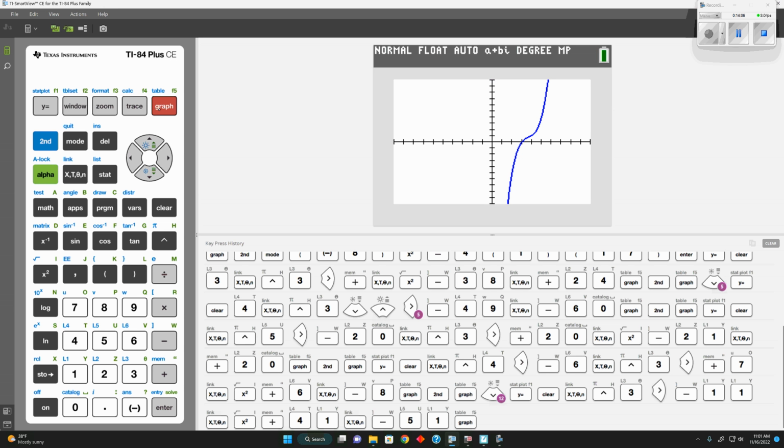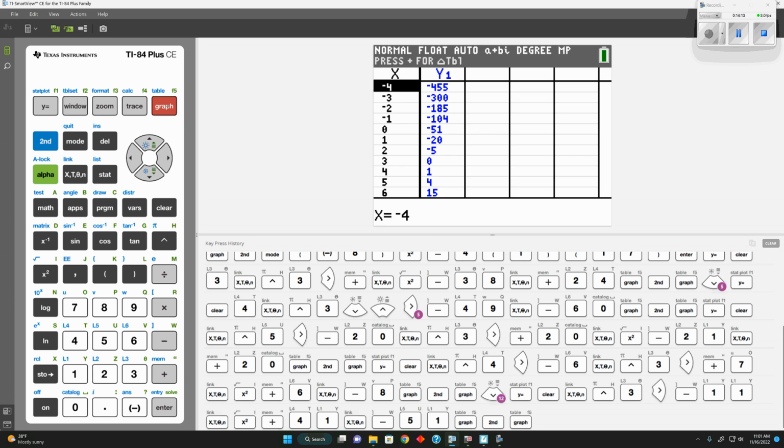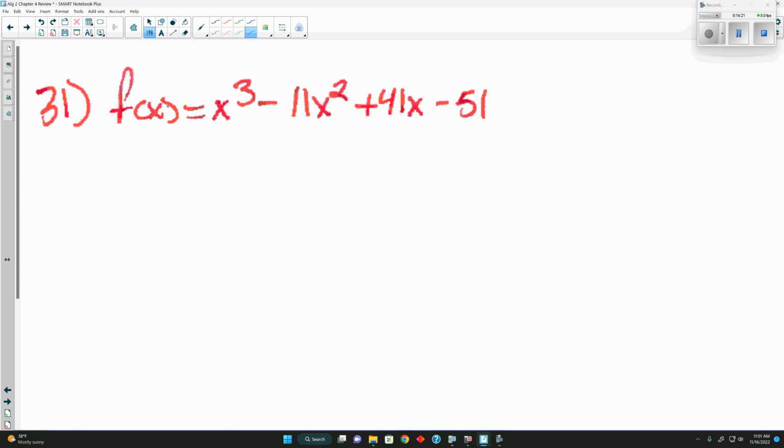Well, how many zeros did it give us? 1. And that solution is 3. Because we're looking to see what value of x makes the y value 0. So one of the solutions for this here is that x is equal to 3. And we can use synthetic division because since it is a cubic, we needed 1.